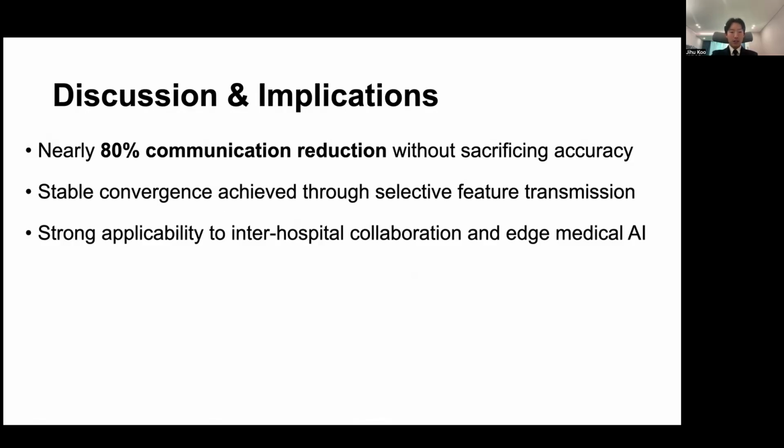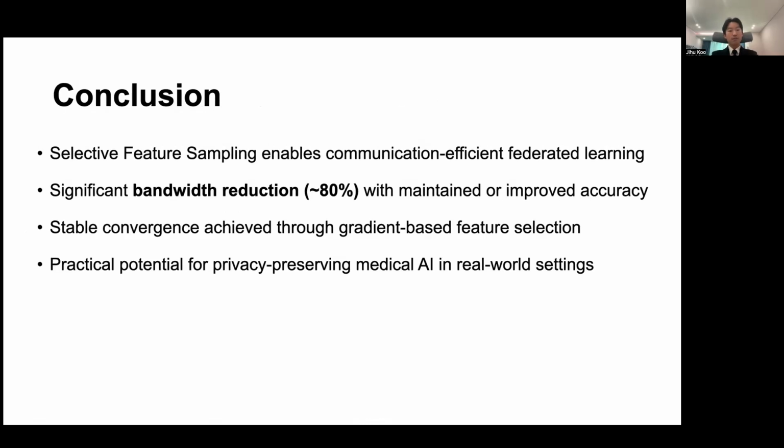These characteristics indicate that SFSFL is highly suitable for real-world medical federated learning scenarios, particularly in multi-institutional settings where privacy protection, limited bandwidth, and deployment scalability are essential requirements.